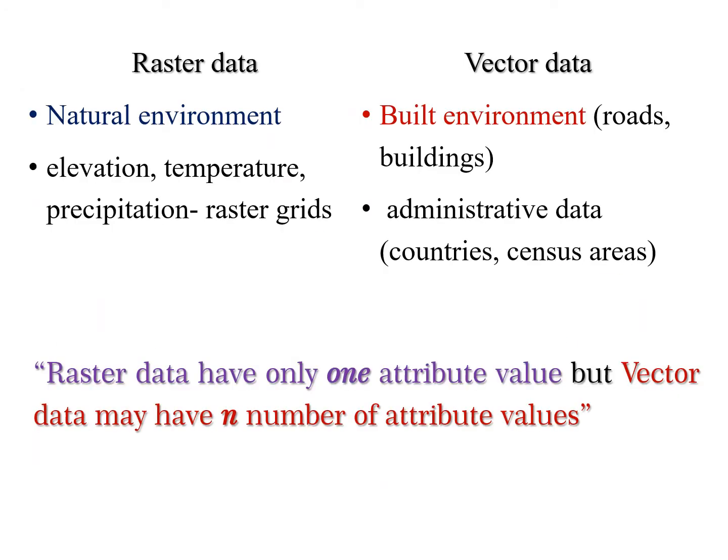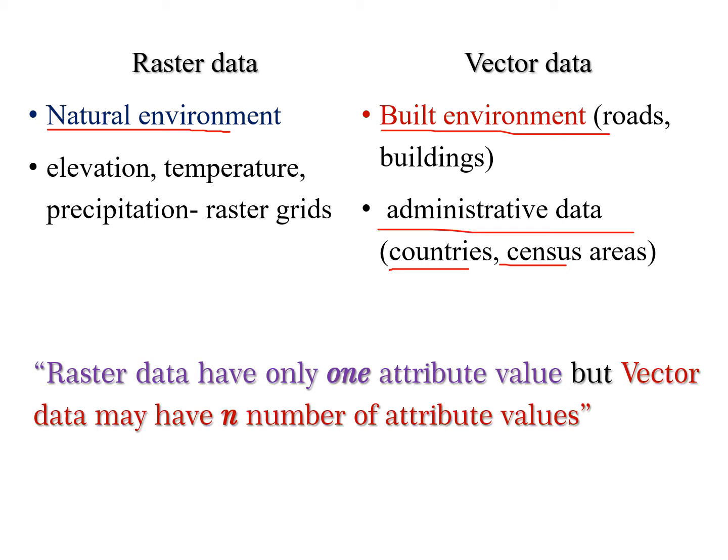If you want to compare the raster and vector model, most raster features consist of natural and environmental features such as elevation, temperature and precipitation, and the vector data are mostly in the built or man-made environment, mostly in the form of roads and buildings, and sometimes in the form of administrative data such as countries and census data of any country.